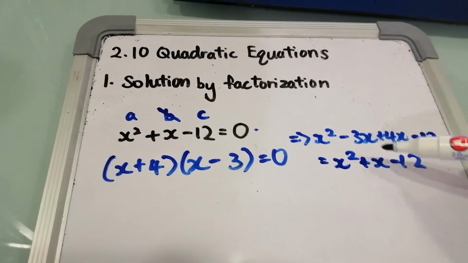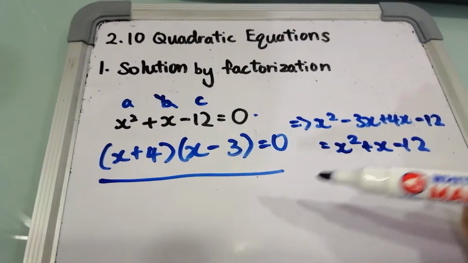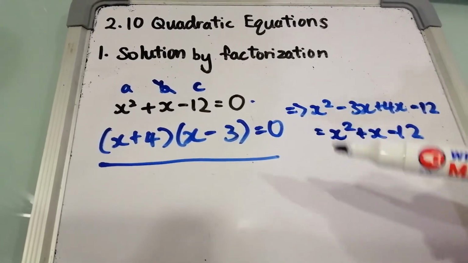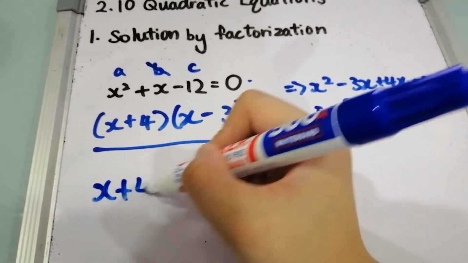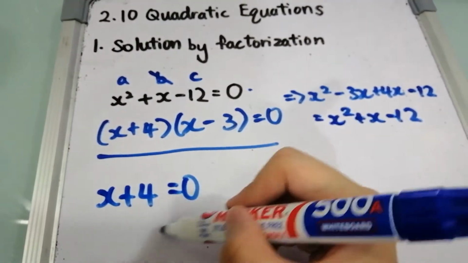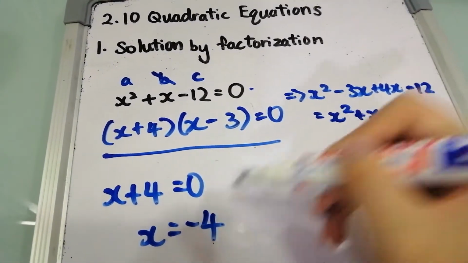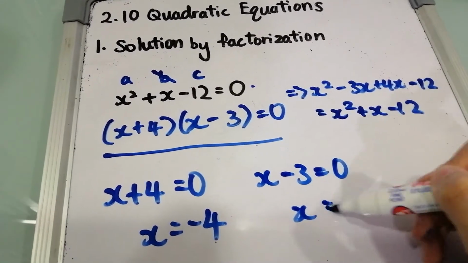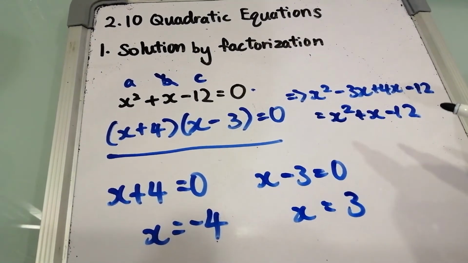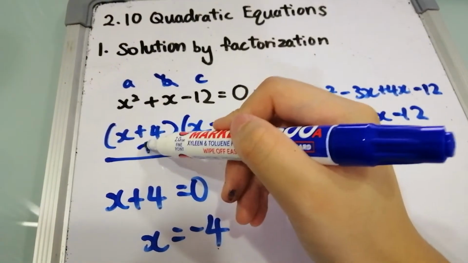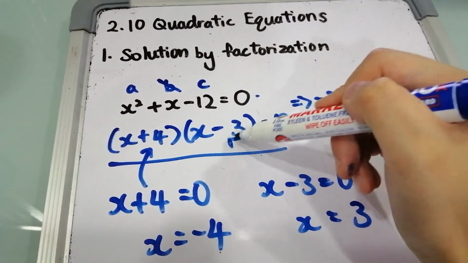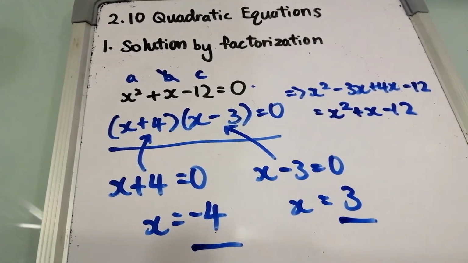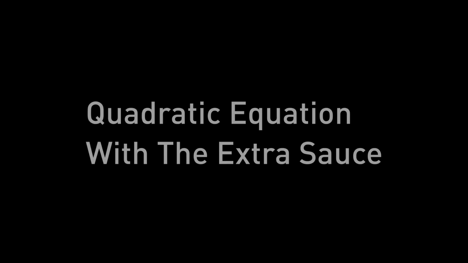So we can prove that this is correct. And there's one extra thing we need to do to get the solution, which is x plus 4 equals to 0 and x equals to negative 4. x minus 3 equals to 0 and x equals to 3. This is basically what we have in the bracket. So these will be our 2 solutions by factorization.